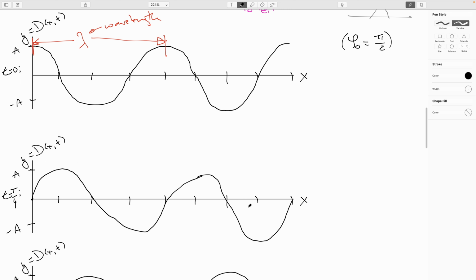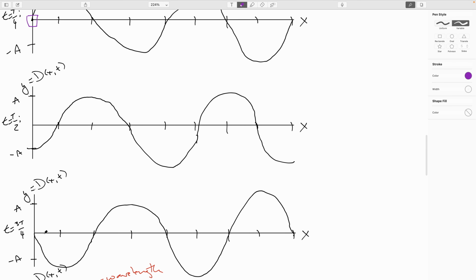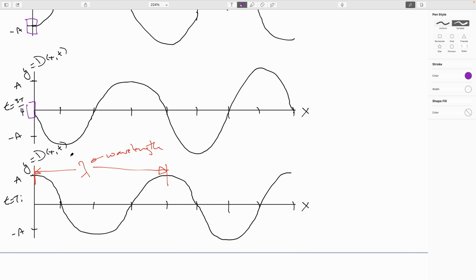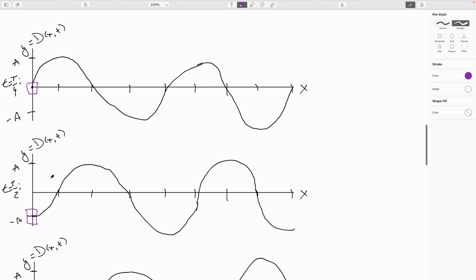All right, so what's going on here? Well, if I look at this point right here at position x equals 0, I'm just going to draw a square around it each time, like this. So just think about, like, if I put a bead on the string right here, remember the bead's not going to move side to side, it's a transverse wave. So it's just bobbing straight up and down.